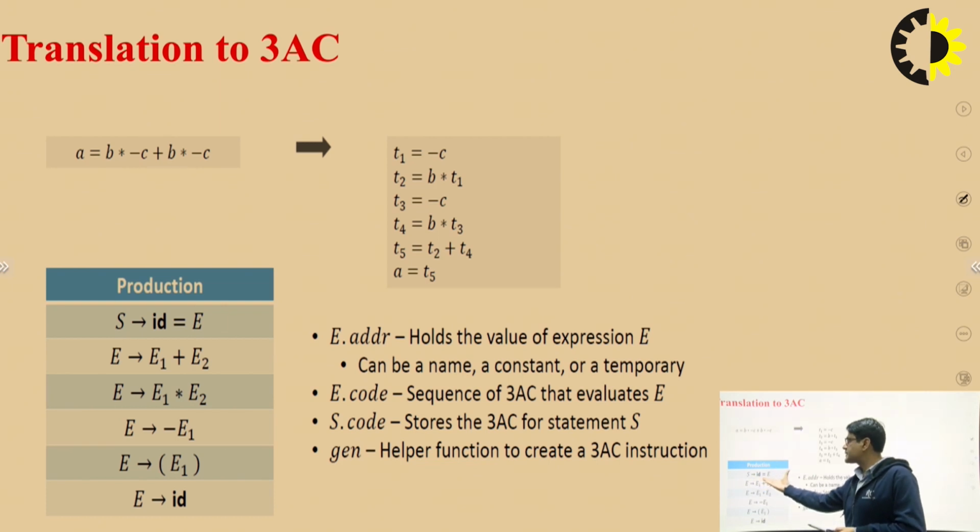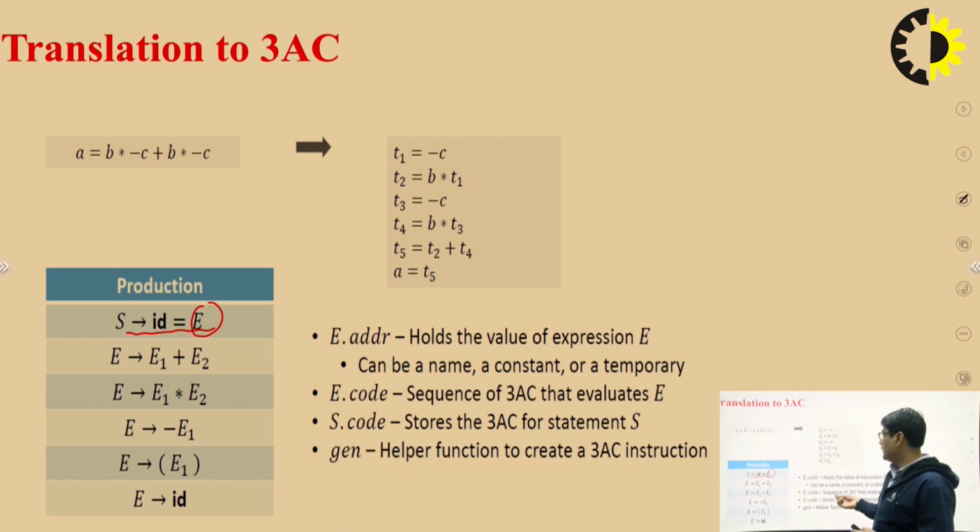So the final statement in the assignment statement, S produces ID equals E, will just intimate that there is some expression that might come from this calculation or be directly assigned, but this is the final value of whatever expression we are going to calculate. So E is the variable where the value is stored, ID is the value calculated from previous expressions, and S is the production which intimates all these values. So this is a kind of assignment statement.